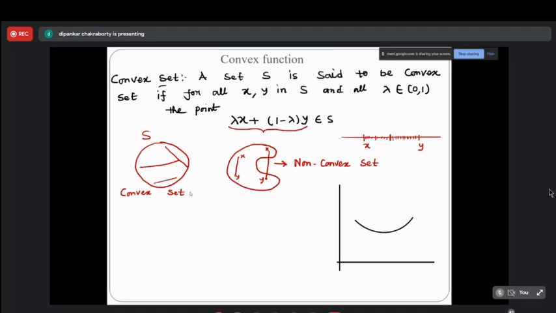But remember, as I mentioned, the property that lambda x plus 1 minus lambda y belongs to S should hold for every x and y in the set S. So for this set, you can find some points where the line segment belongs to the set, but you may find other points where the line segment does not lie in S. In that case, we consider that set a non-convex set.